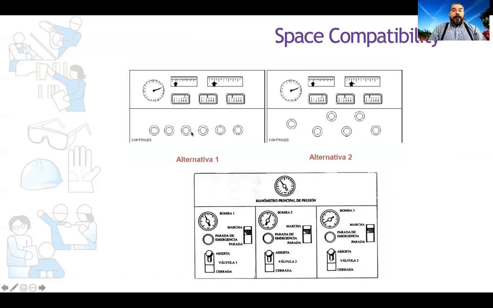For example, on the left, you can tell which of the buttons control which of the controls. Maybe we can be sure that this one on the left works with this control, but the other five, you're not very sure of what they control. In this case, as they are distributed like the screens, you can tell which control you should move to increase or decrease the variable that you are trying to control.